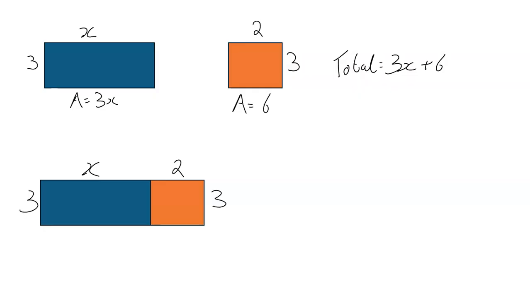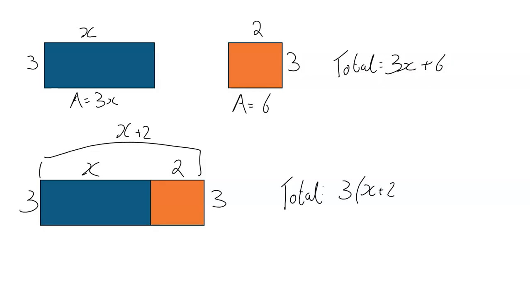However, my total length of the entire shape now is the combination of the x and the 2, so my entire length from one end to the other is actually now given by x plus 2. In order to then do the total area for that one, what I then need to do is length times breadth, which in this case is going to end up being 3 bracket x plus 2, because that x plus 2 is the full length itself.